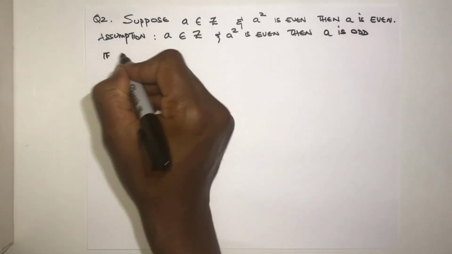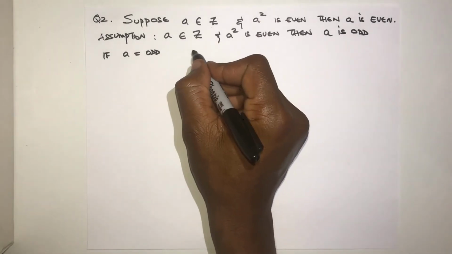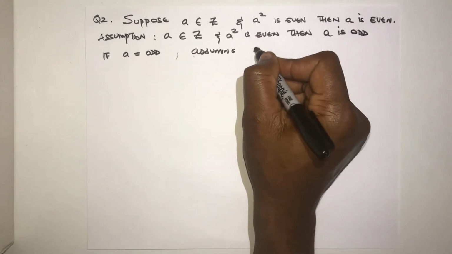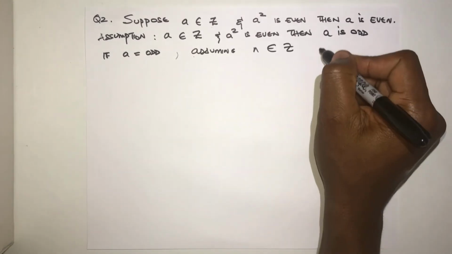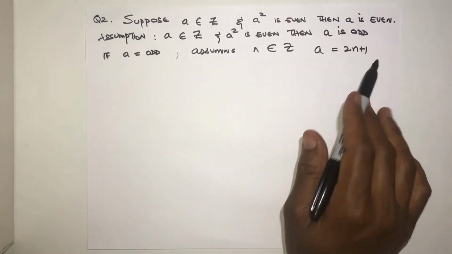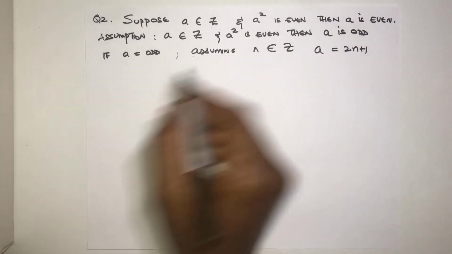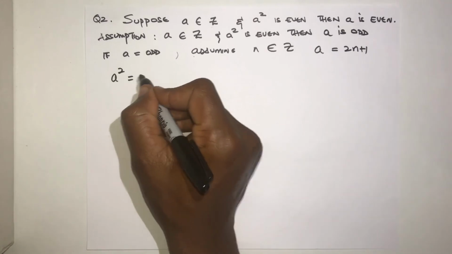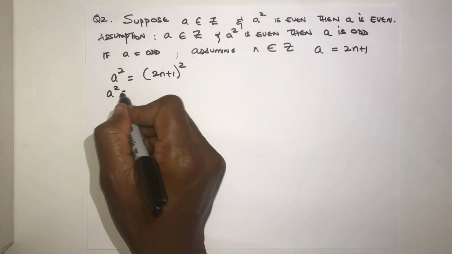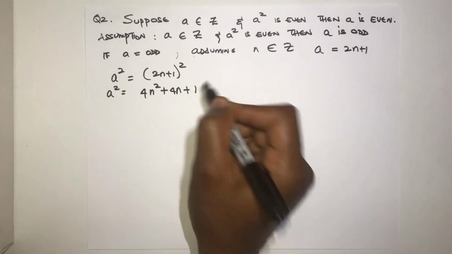Now, if a is actually odd, assuming n being an integer, a will actually be in the form of 2n plus 1. Right? Now, if that is the case, therefore, a squared would be equal to (2n plus 1) all squared. So a squared is actually equal to 4n squared plus 4n plus 1.